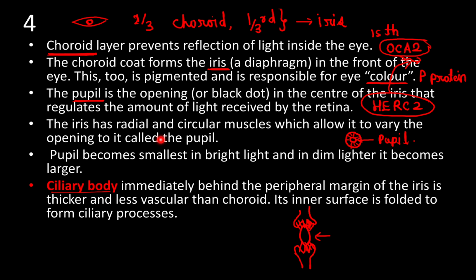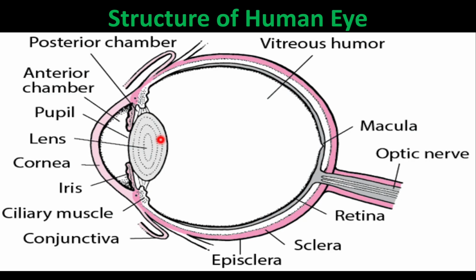You see here in this video, one second. Okay, see, this is our ciliary muscle. The ciliary muscle is a modification of our vascular tunic. And then this is the suspensory ligament. By the help of the suspensory ligament, they control the thickness of our lens.